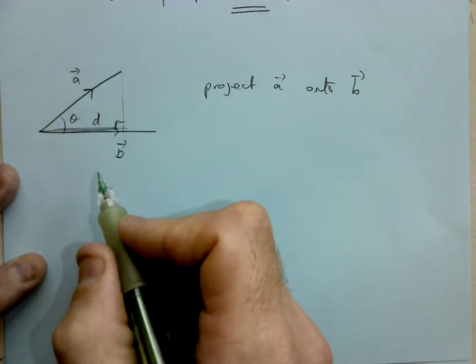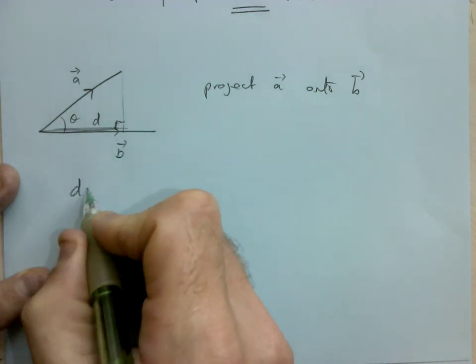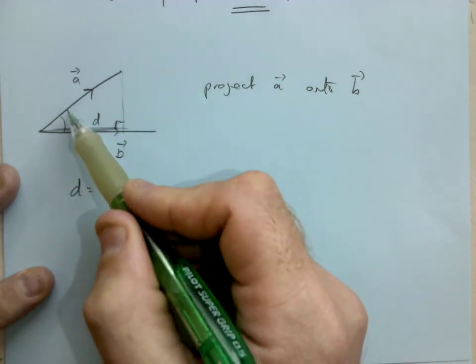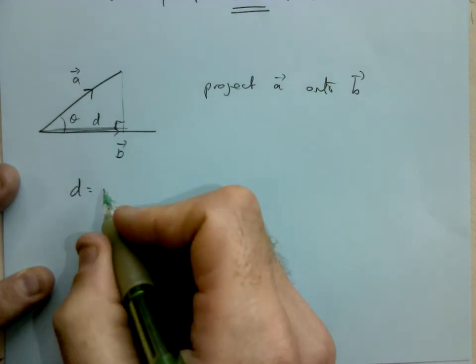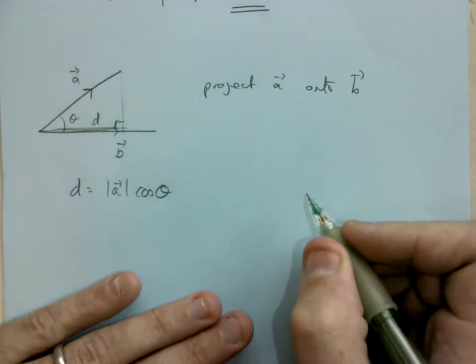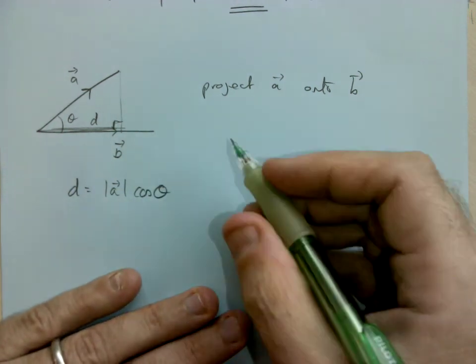Now I can see from this diagram that that distance is equal to the length of the hypotenuse times the cosine of this angle here. So it's magnitude of A cos theta. Okay, we've got that.